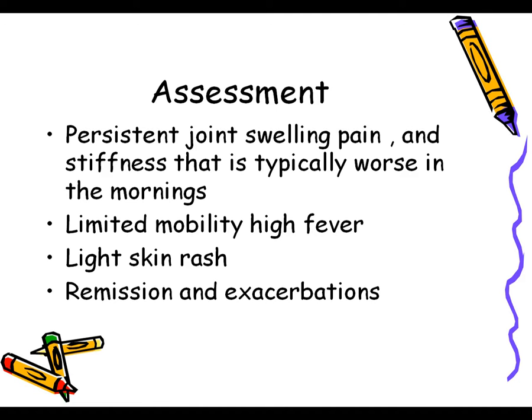Fever, a rash, and that's a salmon pink, and it's usually seen more commonly in the late afternoon, early evening. Arthritis, fatigue, or just being tired. And you have the persistent joint swelling and stiffness that is typically worse in the mornings.